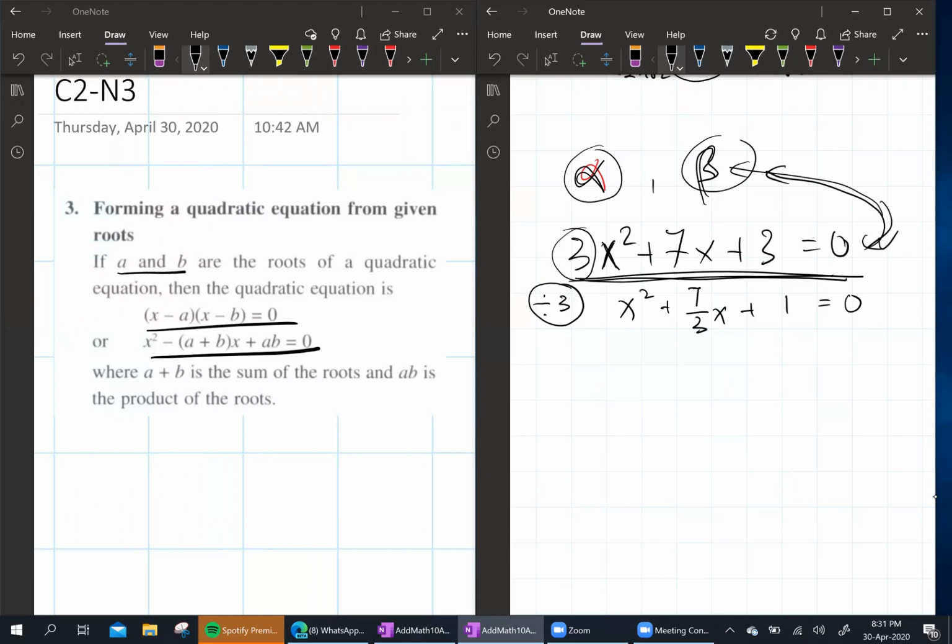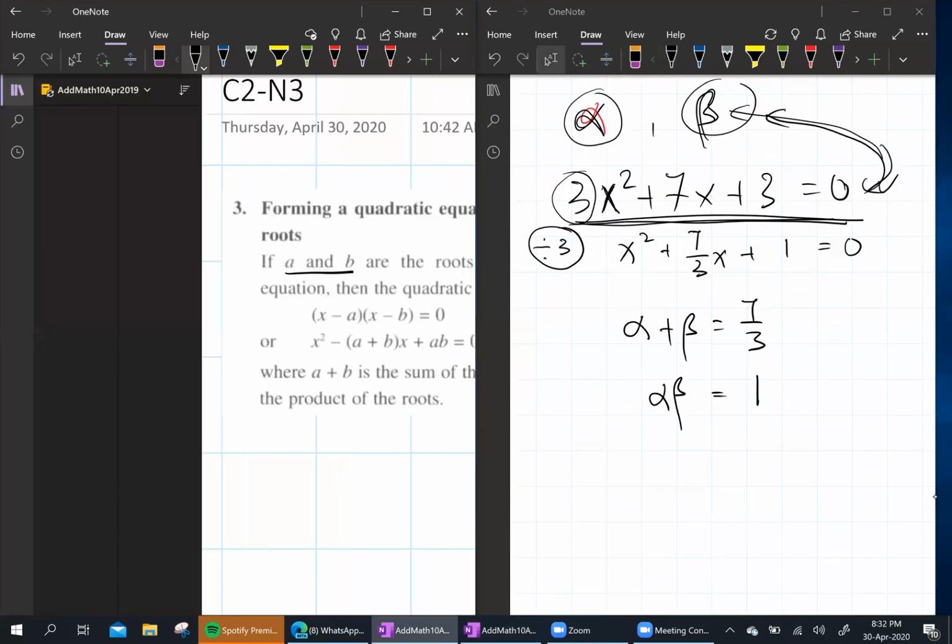So beside the x is a plus b, correct? So that means alpha plus beta equals to 7 over 3. Then the other one, alpha times beta equals to 1. So you have alpha plus beta equals to 7 over 3, alpha beta equals to 1.